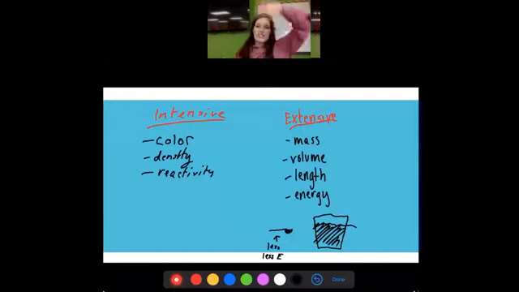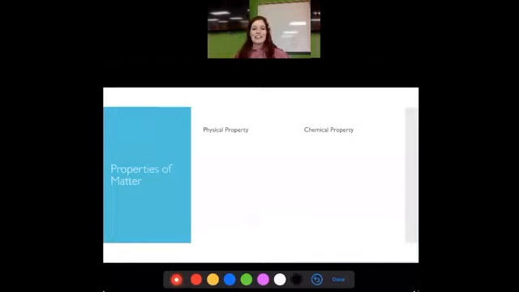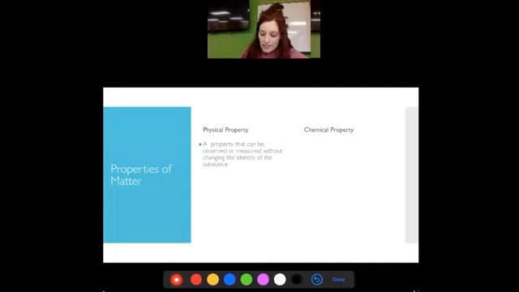We can actually continue to classify these properties. We can classify them also as physical or chemical properties, and you've probably seen these terms before. So a physical property is a property that can be observed or measured without changing the identity of the substance. So in other words, these are things that can be observed using your five senses.